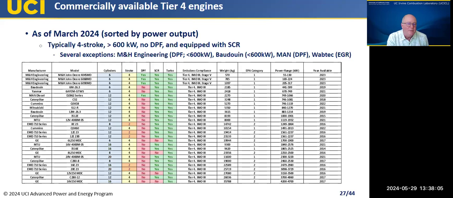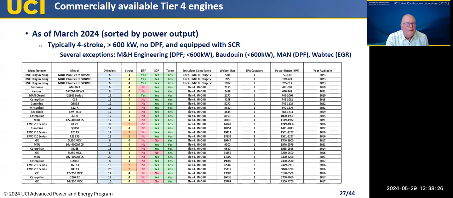There are a number of exceptions. These include M&H Engineering, Baudouin, which is a French manufacturer, MAN, and then Wabtec, which I talked about before. So we do see some entries now in the sub 600 kilowatt range, which didn't exist 5 years ago.